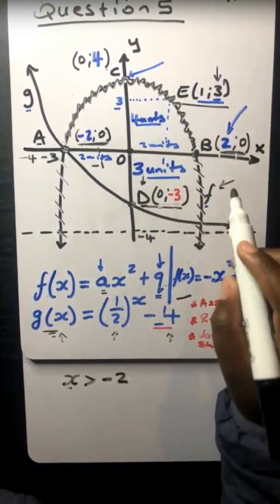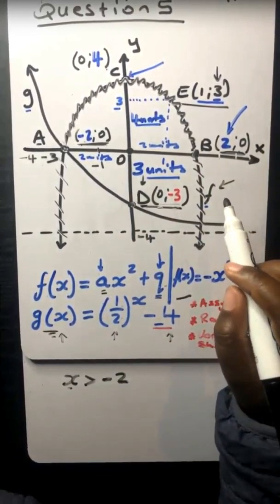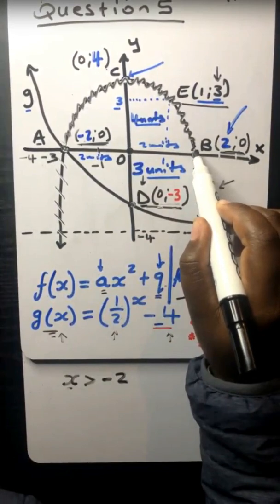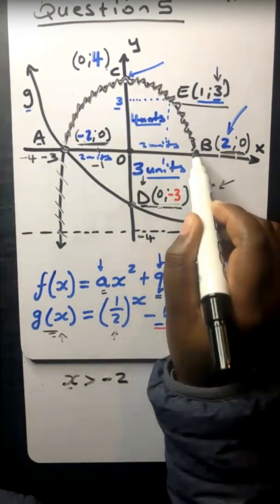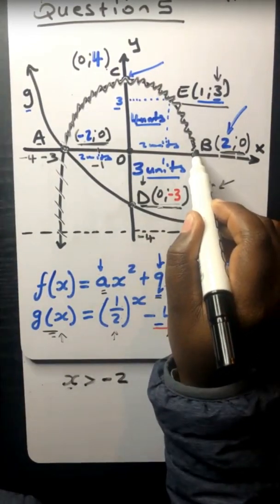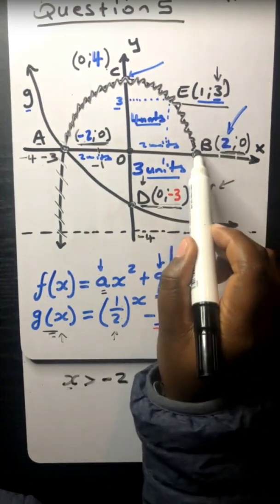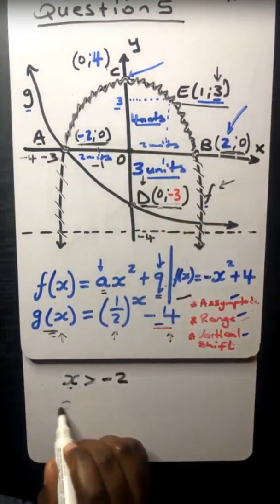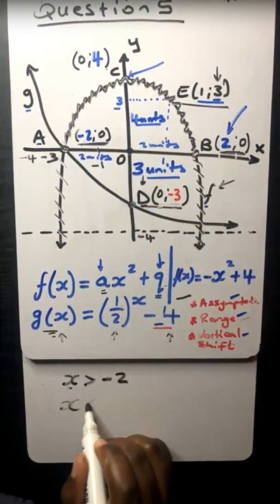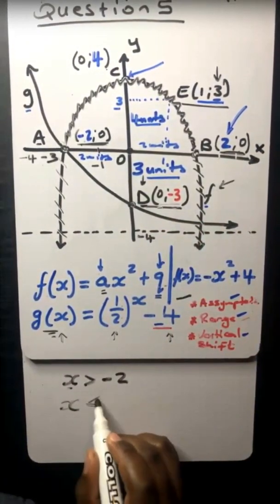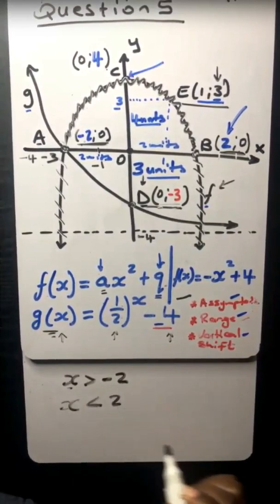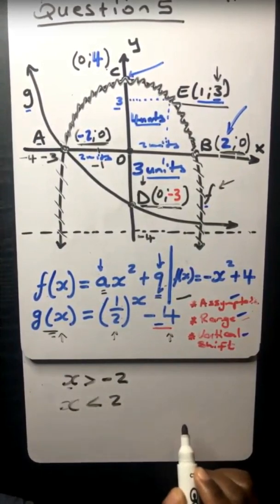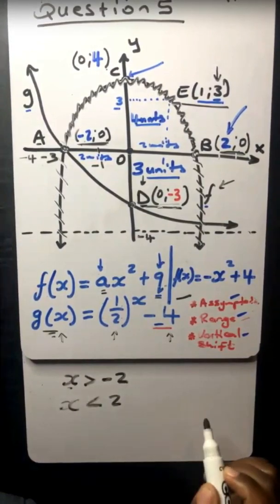So that is why, Madam Speaker, we still have to comment to say, again, that is where the x values are actually less than 2. Why less than? Because it's from there in that direction. So that means you are going to say at where x is actually less than 2. So this second part, guys, I'm not sure if you understand it. Does it make sense?